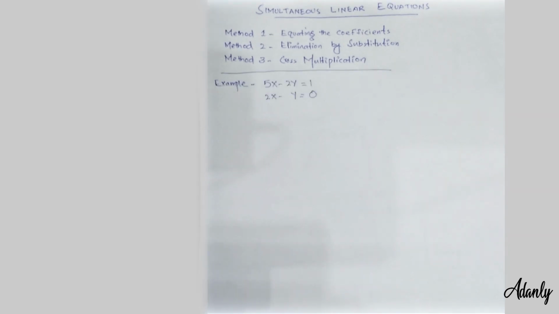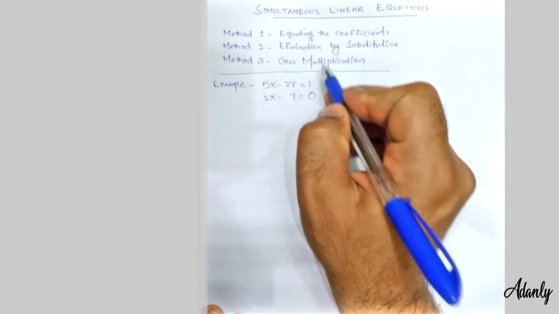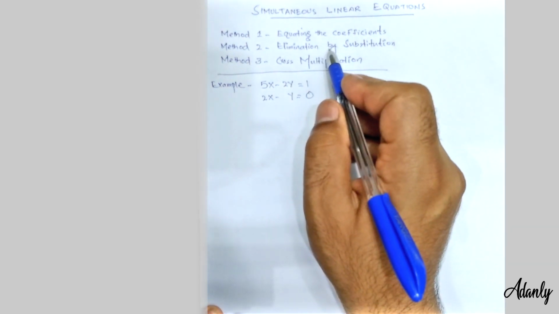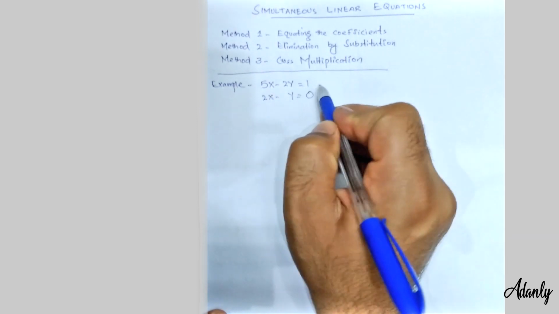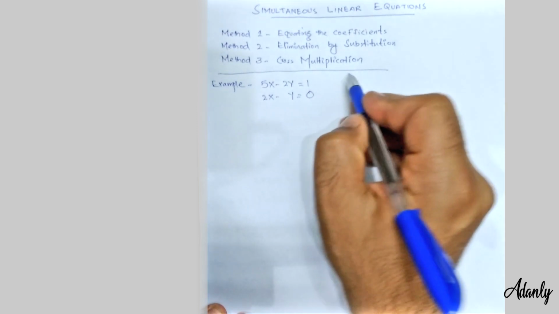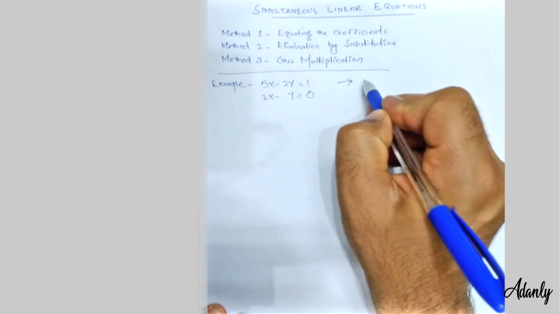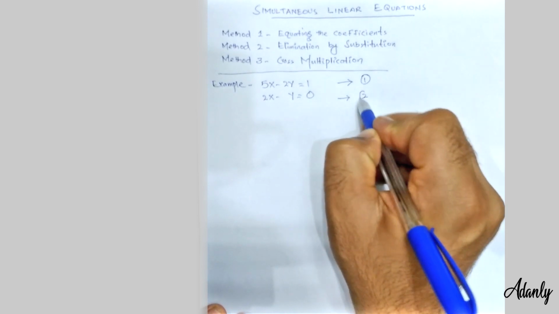Now let's solve this example by using the first method, that is equating the coefficients. So we have 5x minus 2y equals 1 and 2x minus y equals 0. First of all, we will call this equation number 1 and this equation number 2.